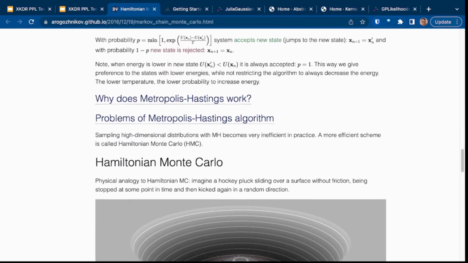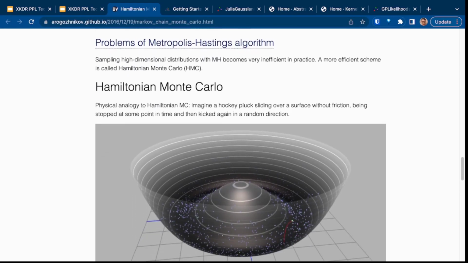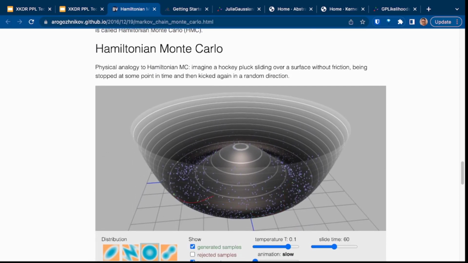A more complex extension to Metropolis-Hastings is the Hamiltonian Monte Carlo. Here, you don't rely on just trying to propose points near your current point. You actually try to consider points which are far away, and you do so by doing a physics simulation.